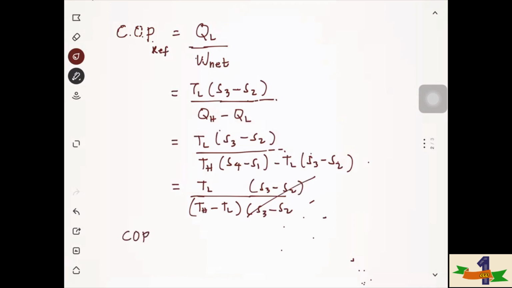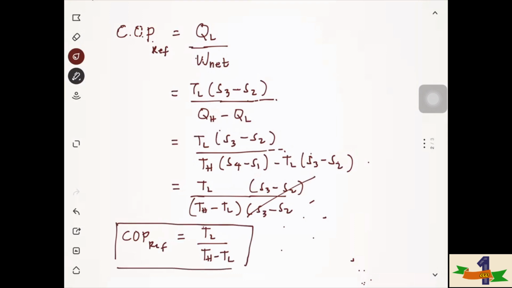So you can take it out. So the COP of our refrigerator is purely a function of temperature. That is TL over TH minus TL.